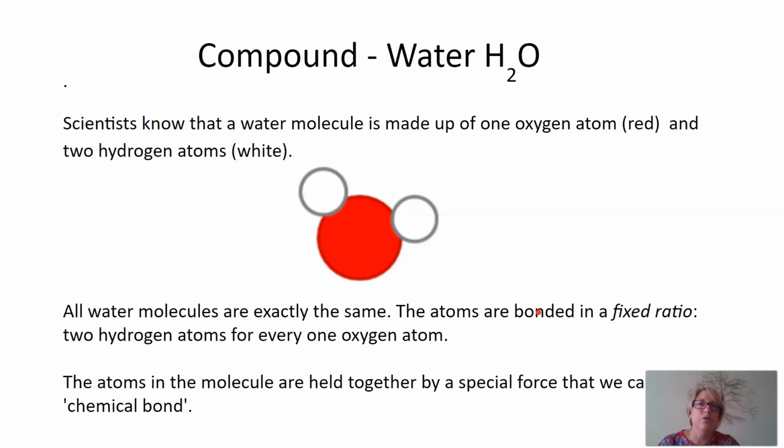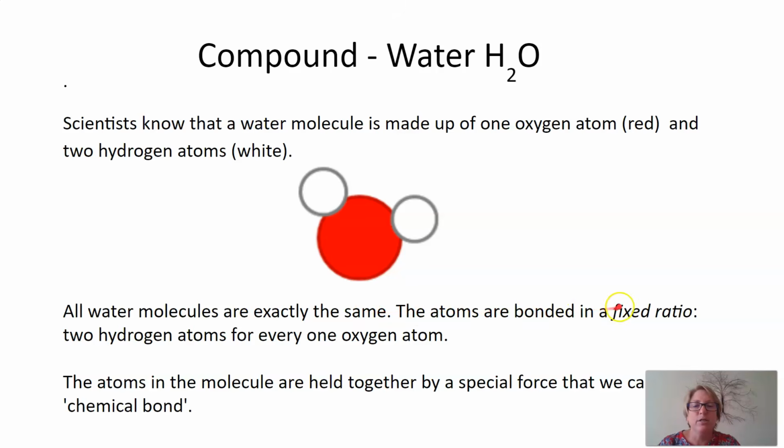Just as an example to help you with your understanding, let us have a look at the compound water, which I'm sure you realize is H2O. Scientists know that a water molecule is made up of one oxygen atom, which in this case is red, and two hydrogen atoms, which in this case is white. All water molecules are exactly the same.